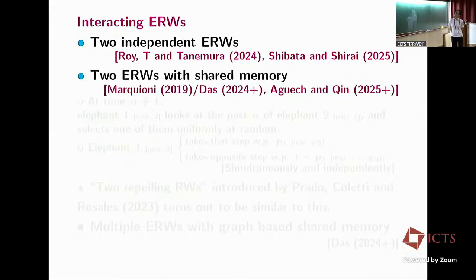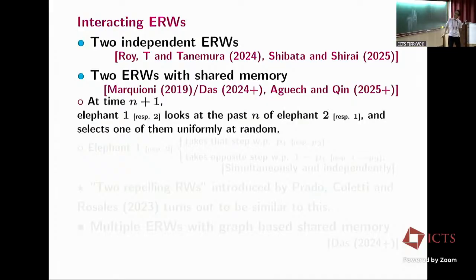This is a special case of the model of Marchioni, and recently there are two papers. One is by Evolutionist, and the other is Aguechi and Kim. In this model, at time n+1, elephant 1 looks at the past of elephant 2. So it uses the memory of the other elephant and selects one of the steps.